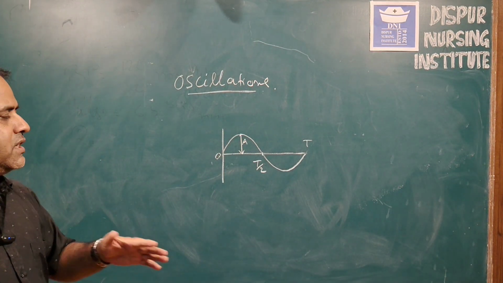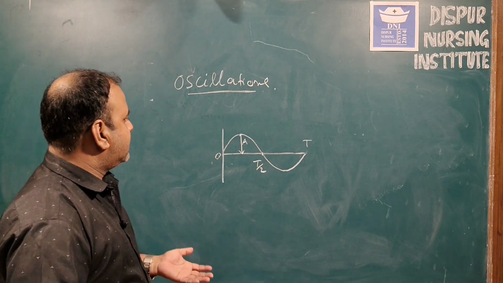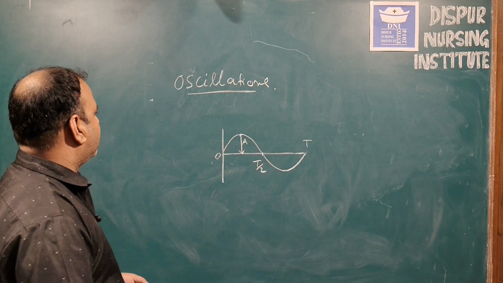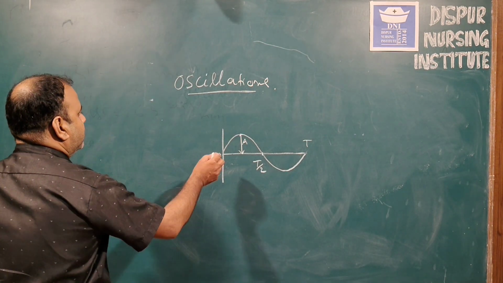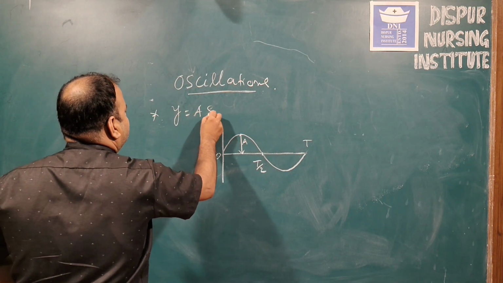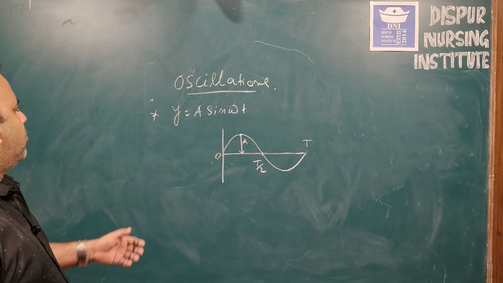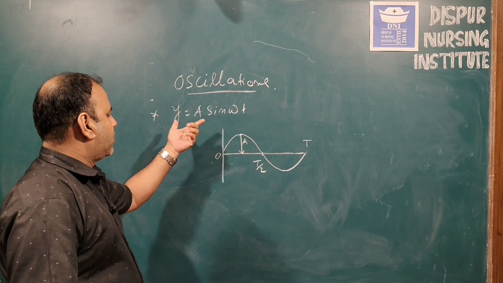So oscillation is also a kind of wave. What is the equation of a wave? I think you have an idea: y is equal to a sine omega t. This is the equation of oscillatory motion, or the equation of a wave.